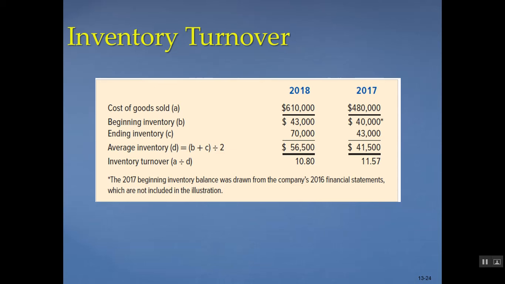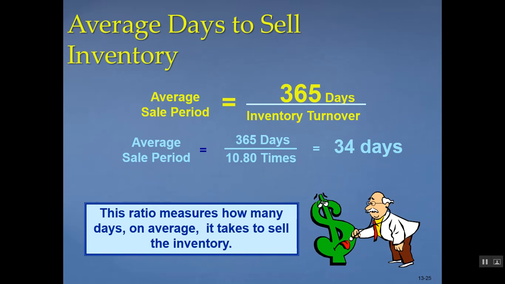Inventory turnover for grocery stores and many retail outlets is usually higher than for appliance or jewelry stores. And again, the average days to sell inventory is taking the 365 days in the period divided by the inventory turnover. So here, they're able to sell inventory on average within 34 days.